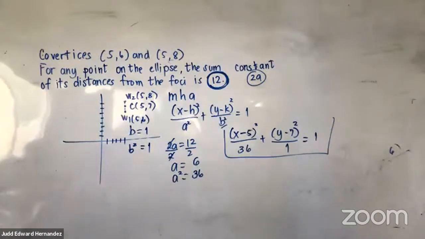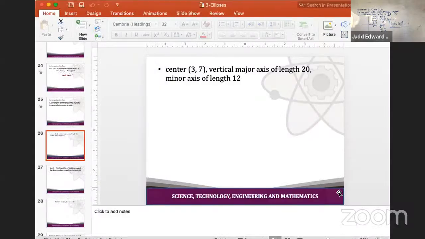Okay, let's have another example. Okay, what if we're now given? Sinabi agad dito sa given, vertical major axis. So, madaling-madali na lang, alam na agad natin yung equation na gagamitin.